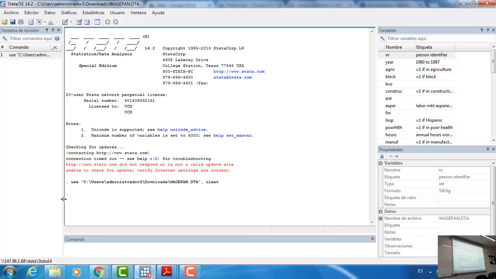The description of the data is in Stata 9 on the left-hand side, and in 14 on the right-hand side. And if there are any other versions, I don't remember. But there is a window that you can open, you can make it wider and wider, and you can have information about what the data is.